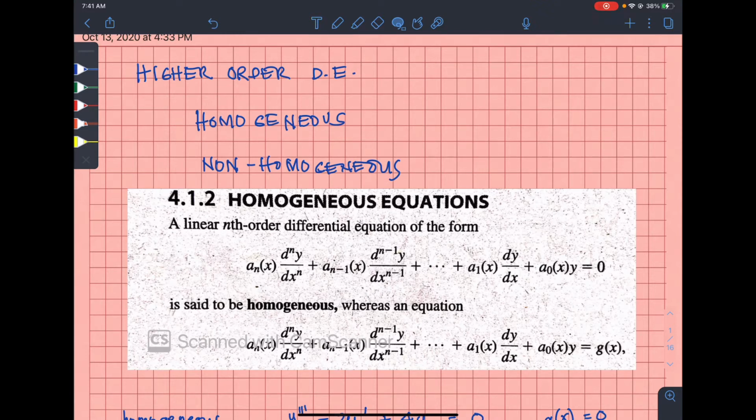And that will be the coverage of the finals: the methods for higher order differential equations and the Laplace transformation. For today, we will be introducing higher order differential equations.